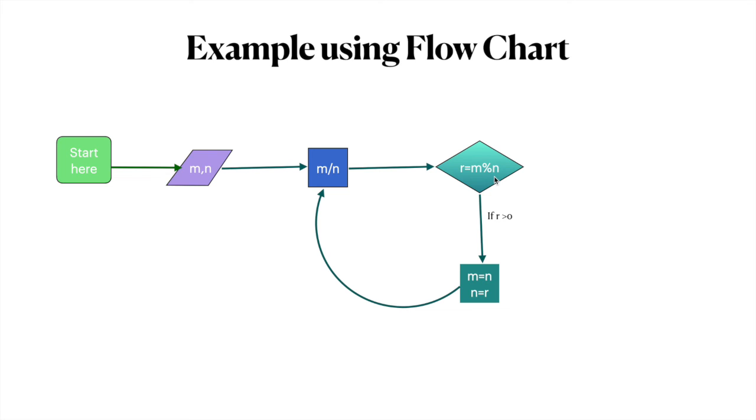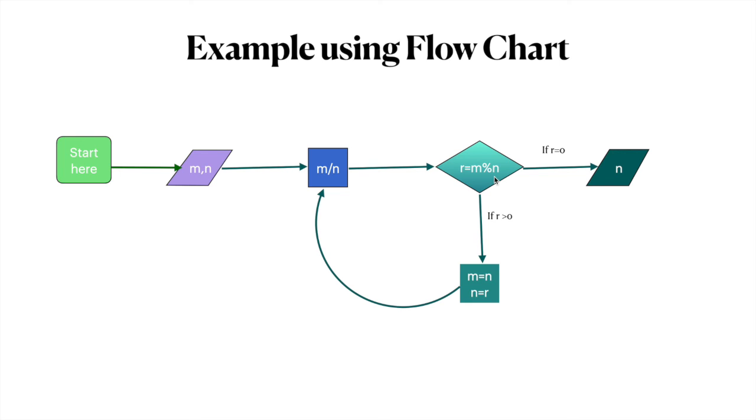Then once the remainder is 0, we will go to the output of returning n. That means if n divides m without a remainder, that means n is the greatest divisor of both m and n.